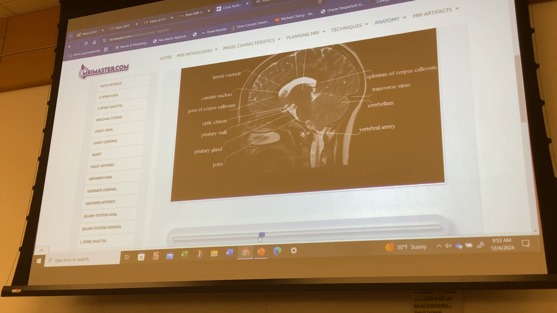You can hopefully see, think about the three-dimensional nature of the brain, and the fact that in some areas, if you're taking a slice of the brain, sometimes you're going to be seeing the ventricles, like for instance the lateral ventricles, like I show you here in this white area right here where my pointer is. And then if you move a little bit more sagittally, you're going to see another structure more prominently.